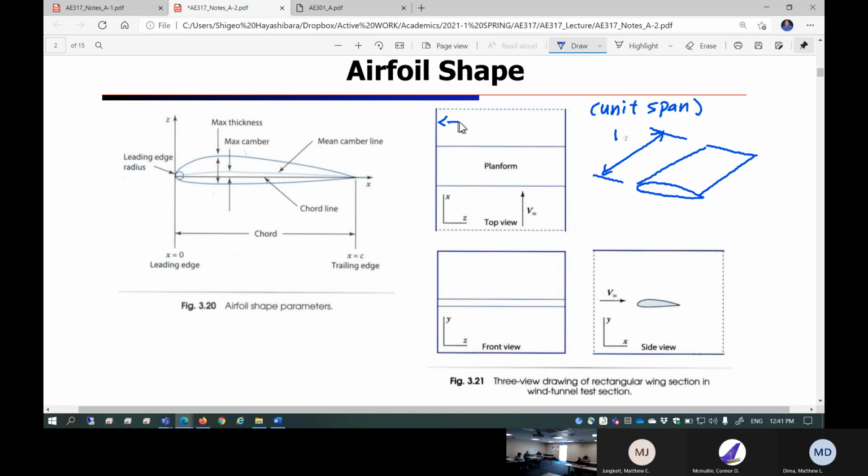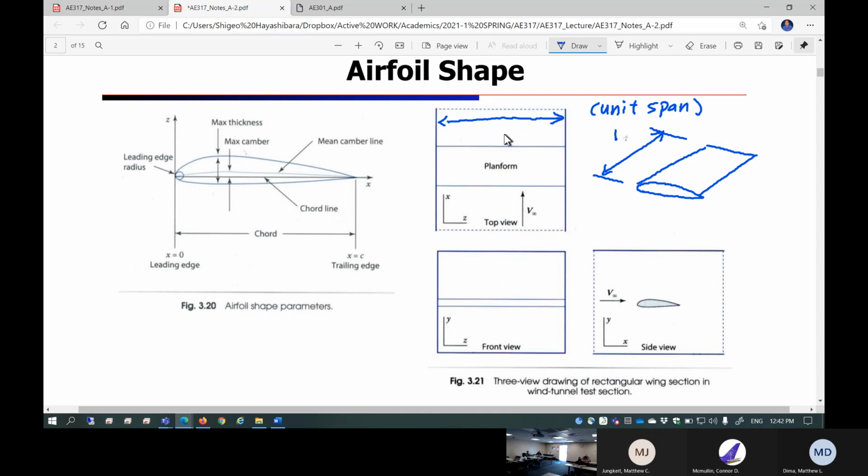Usually this is the width of your wind tunnel test section. So whatever the measurement of your force, like lift force, drag force, moment, divided by this width gives you the per unit span value of your lift and drag and moment.